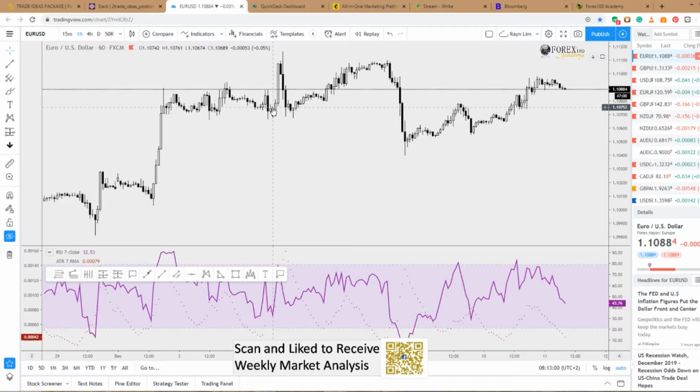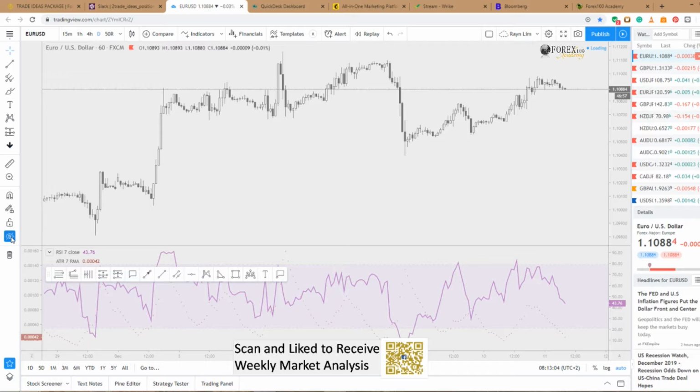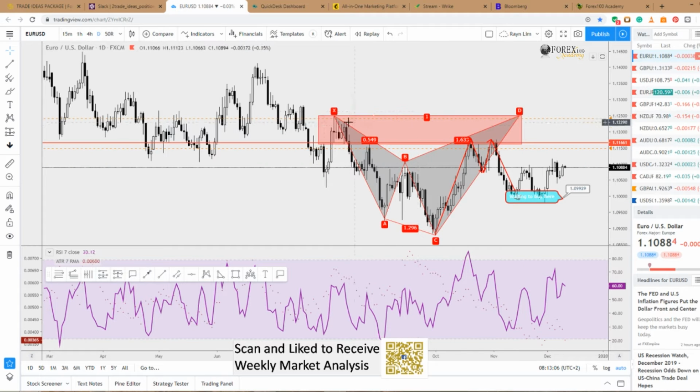Back to the daily chart, let me share my analysis with you. My daily chart analysis is a shark pattern waiting to short at 1.12446. This might be the result of either the 12/12 election or the 15/12 US tariffs.